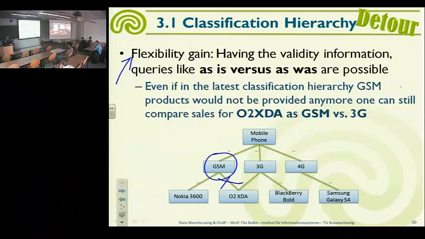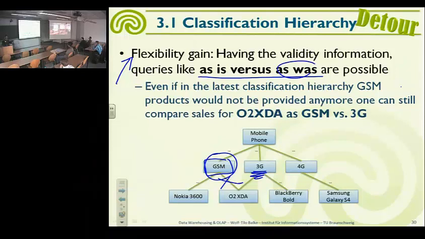And this gives rise to queries that are as is versus as was. So what was the situation as it is now, as a 3G product? And how is it faring as it was, as a GSM product? You can do these nice comparison queries that give you an idea of whether it was the right move or not.